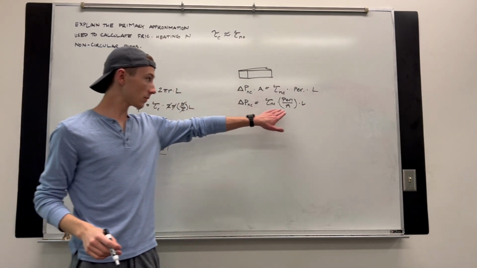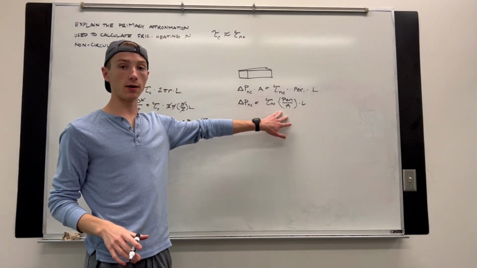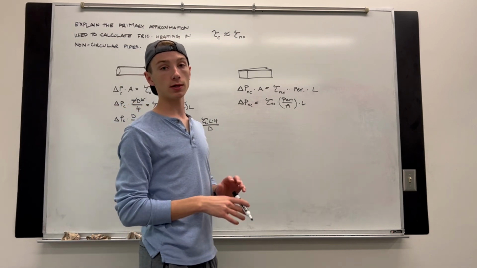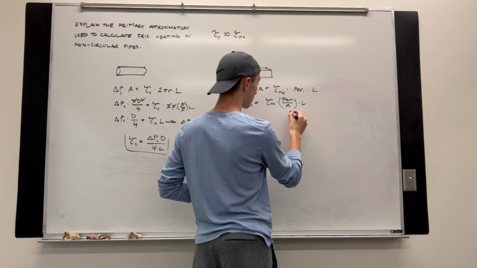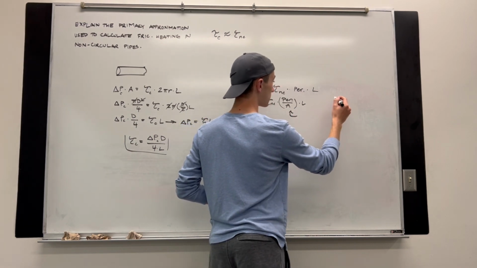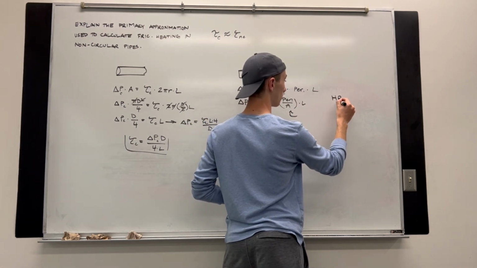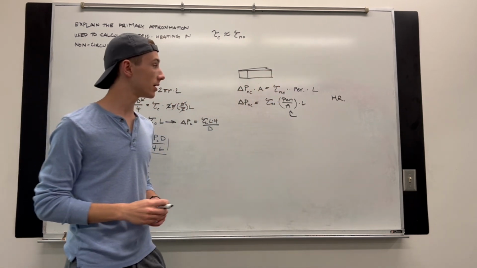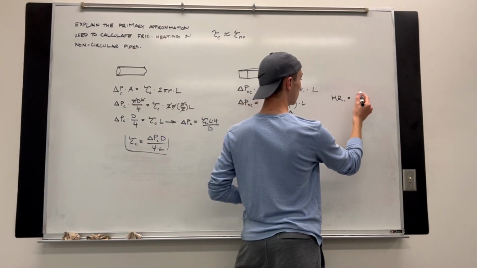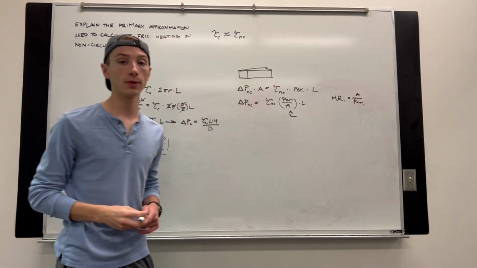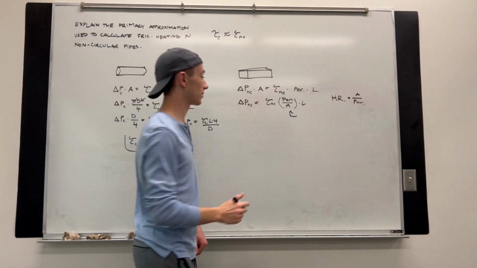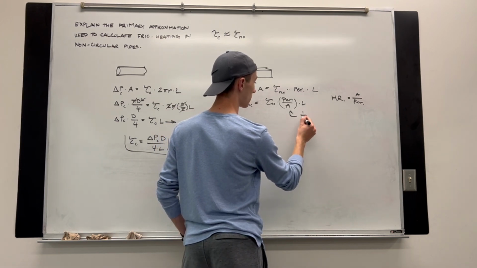Now, for non-circular pipes, we have created a variable called hydraulic radius, which we'll denote by HR, and it is equal to the area over the perimeter for a non-circular pipe. So you can see here we have the inverse of the hydraulic radius in our expression.